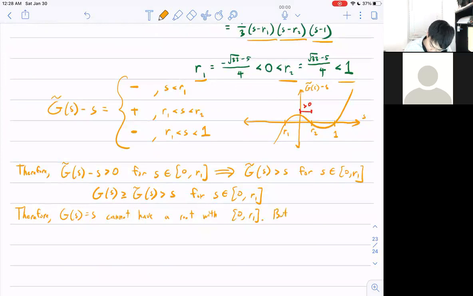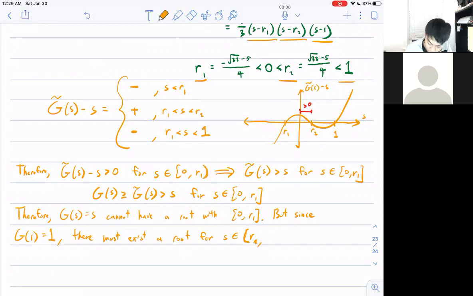But since g of 1 just equals 1, so that's clearly a fixed point, there must exist a root on the interval R1 to 1.